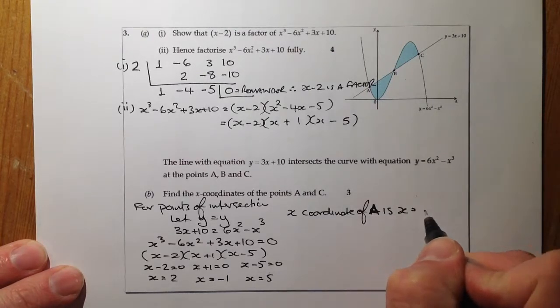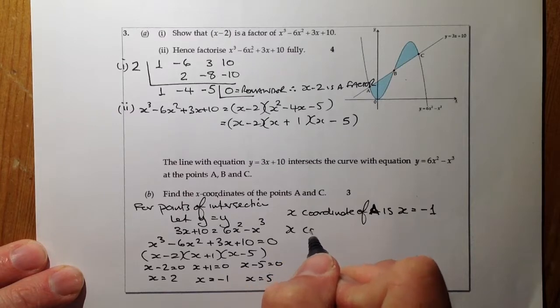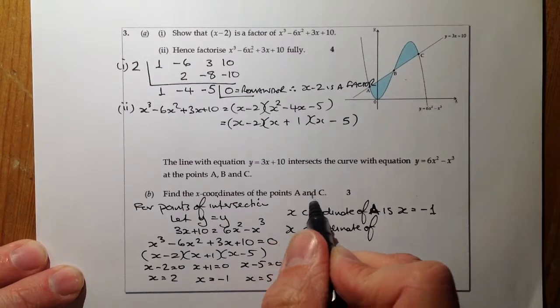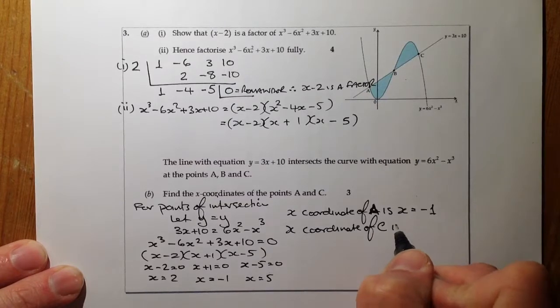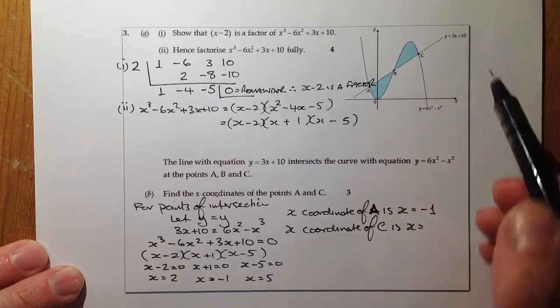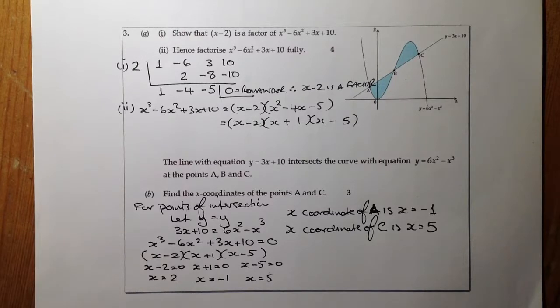It's x equals -1. And the x coordinate of C is the next one that I have to work out, and it'll be the furthest right point, so that would be the 5, okay? So x is equal to 5 there. And that's parts A and B complete.